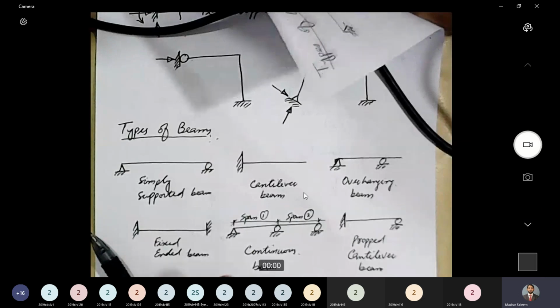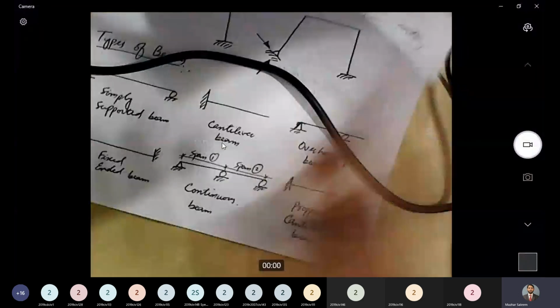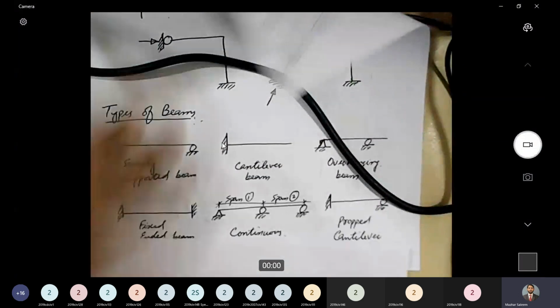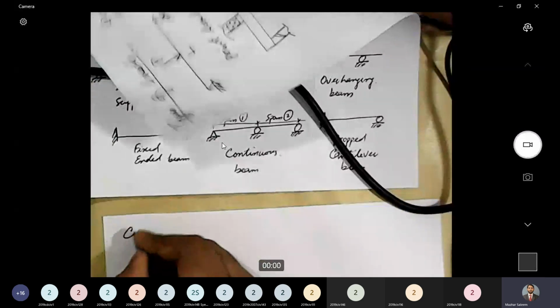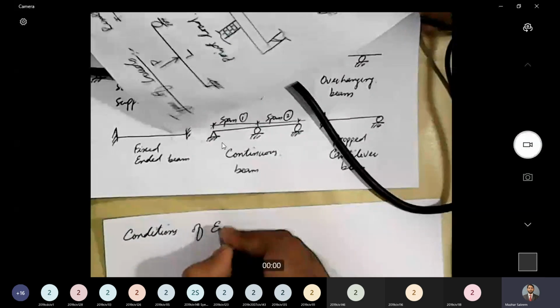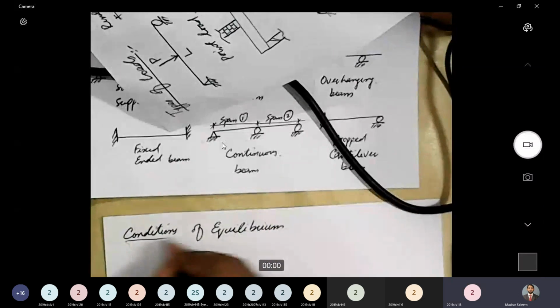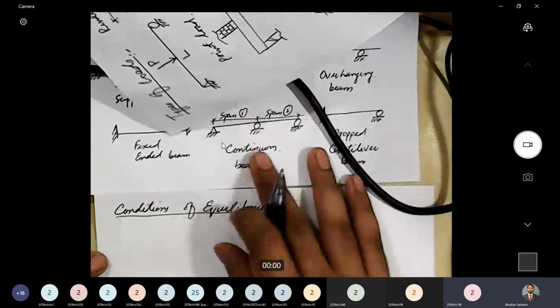And right now we are just talking about two-dimensional systems. So what are the conditions of equilibrium for a two-dimensional system? If I write down the conditions of equilibrium for a two-dimensional system, conditions of equilibrium. Sir, there will be two: forces in the X direction and forces in the Y direction, both should be equal to zero, sum of forces.